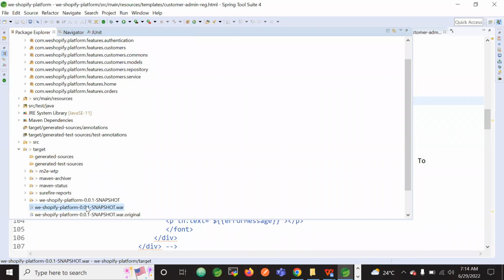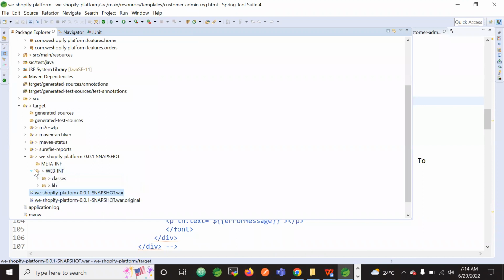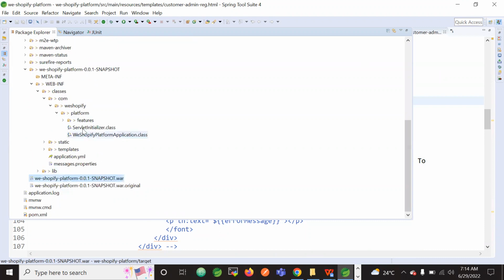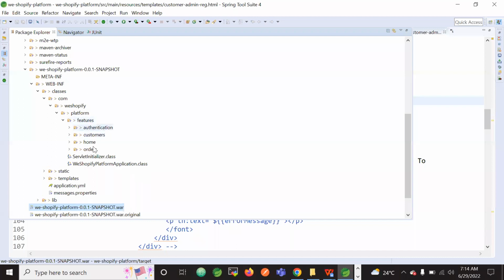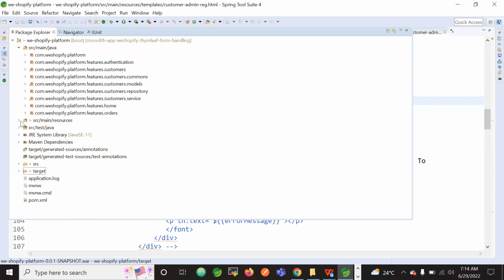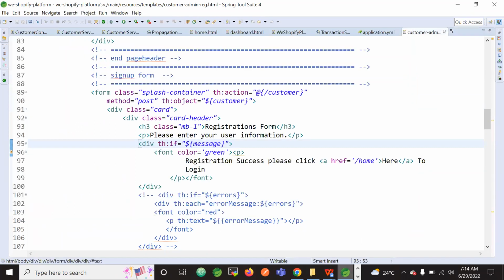Now the single jar file or war file contains all the modules inside it. See this com, shopify, platform: all the modules and features are here. If all the modules are bundled as a single archive, then that is called a monolithic application.